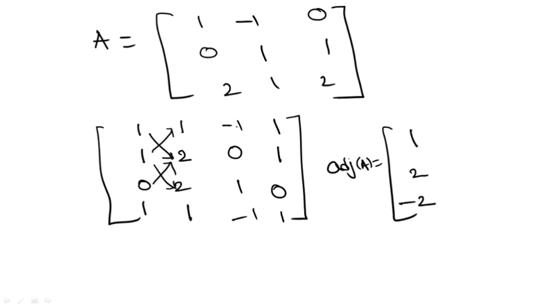Then 1 into 0, minus of minus 2, plus 2. 2 into 1, 2; 2 into minus 1, minus 2, minus 1, minus 3. Coming to the third column: minus 1 minus 0, minus 1; 0 minus 1, minus 1; 1 minus 0, 1.